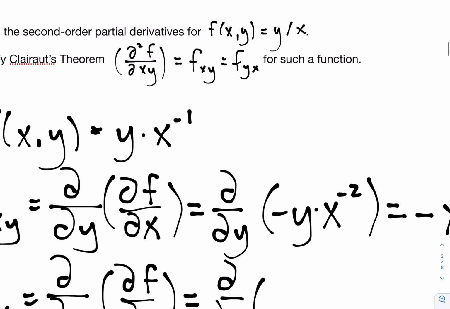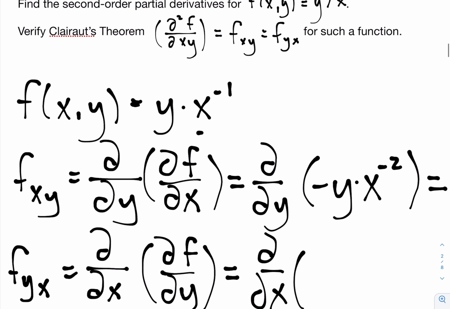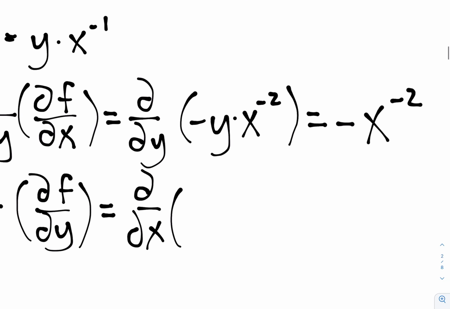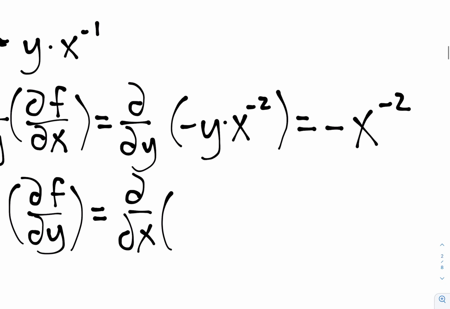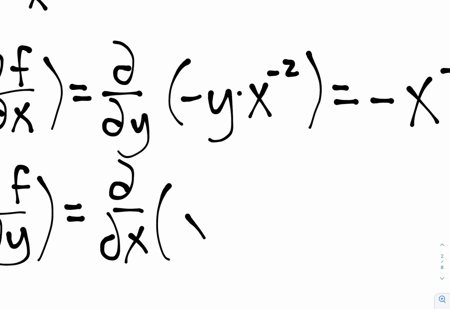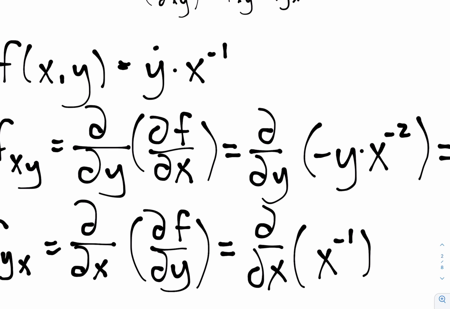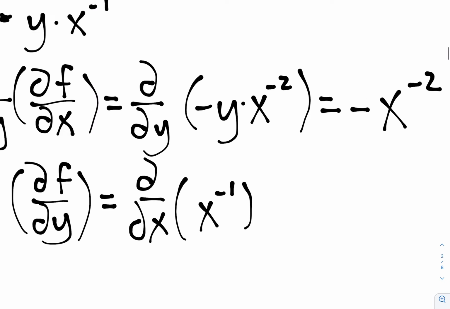Okay, so our function is right here. We're going to leave this x to the negative 1 as our constant. So we're going to have x to the negative 1 here, because the derivative of y is just 1, and we're leaving x to the negative 1 as it is.